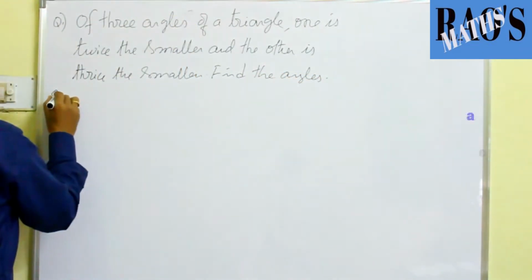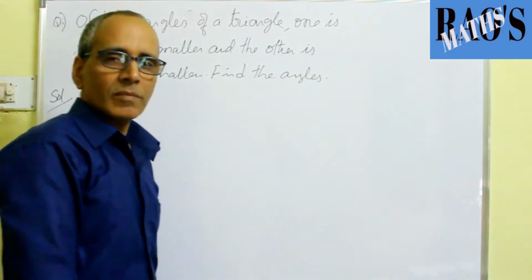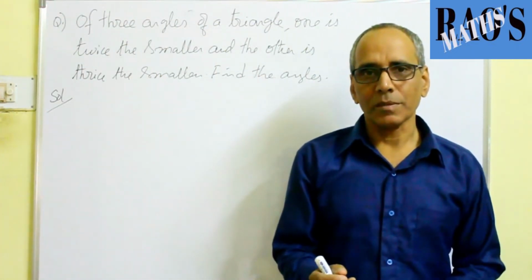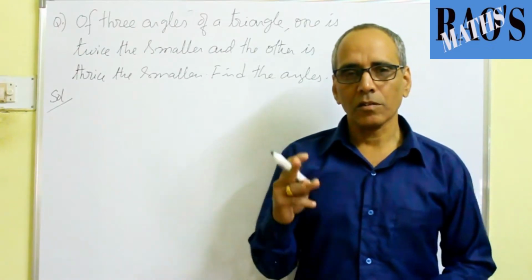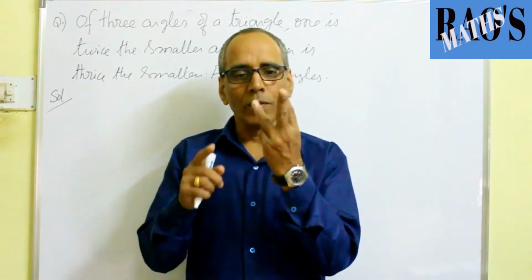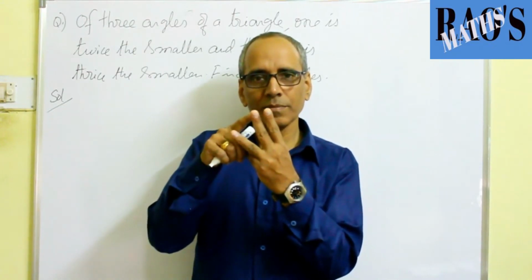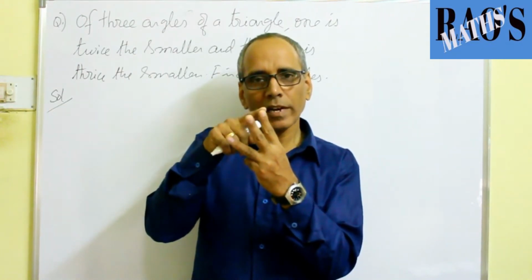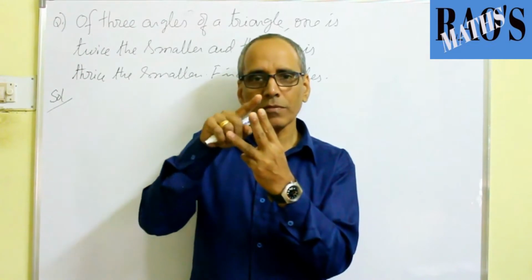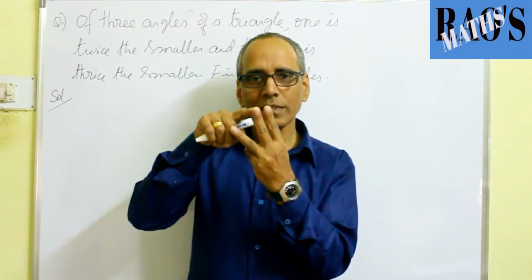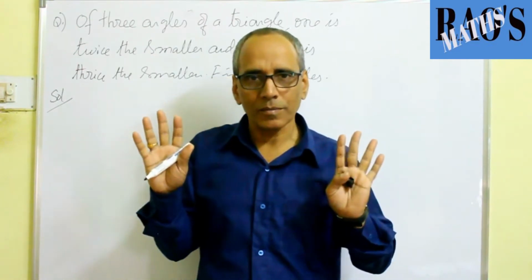The question seems to be very confusing and lengthy also, but the concept is very simple. The question is, out of three angles, the second angle is twice of this, and the third angle is three times of this. If I take this x, this is 2x, this is 3x. Problem solved.